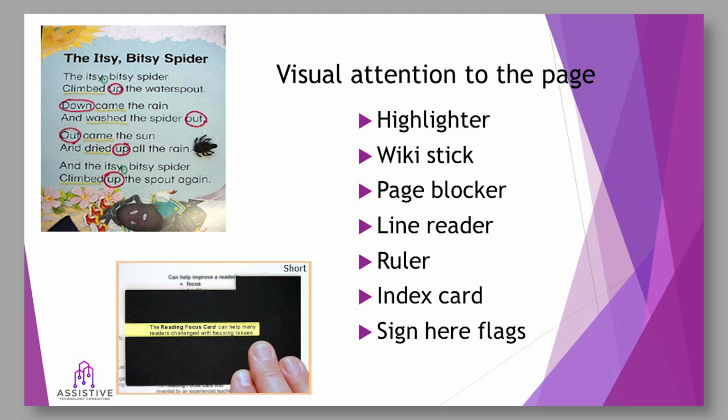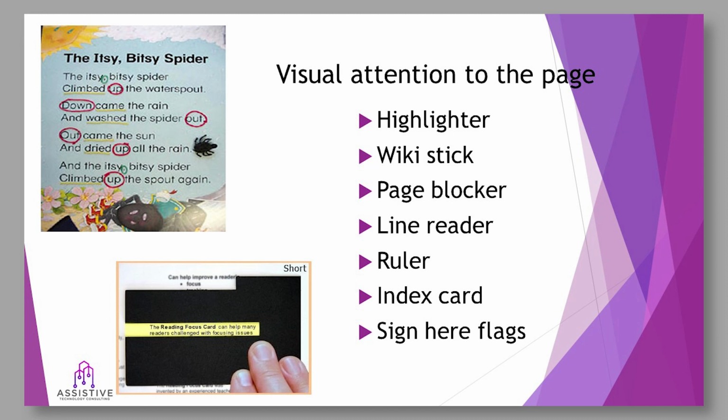I may say, find the words that end in ED, because what I'm asking them to do is just pay attention to one specific piece of the text versus the whole entire text. When I use a page blocker, you're only highlighting the piece you want them to look at. You're covering up the picture. You might be covering up other text. And this has the student then focus directly on the text that we're asking them to focus on, right?